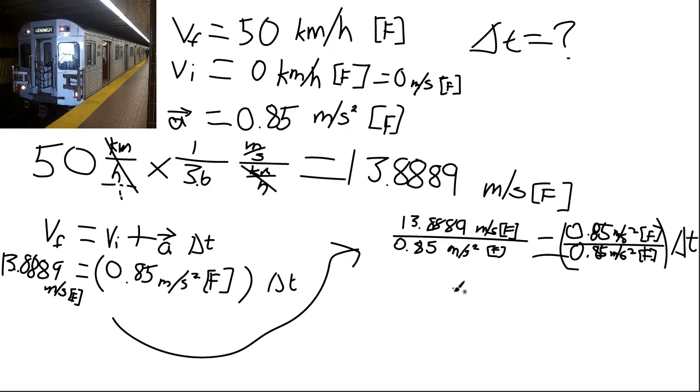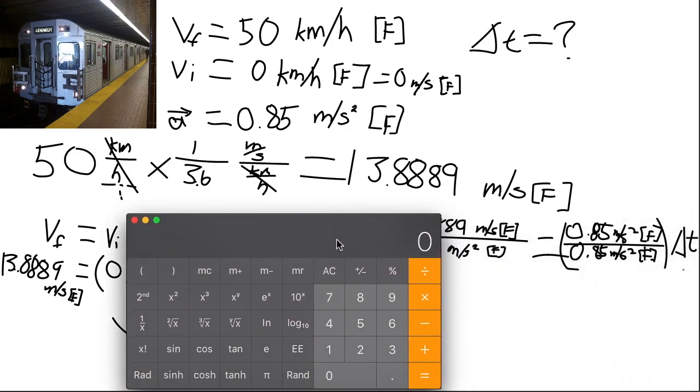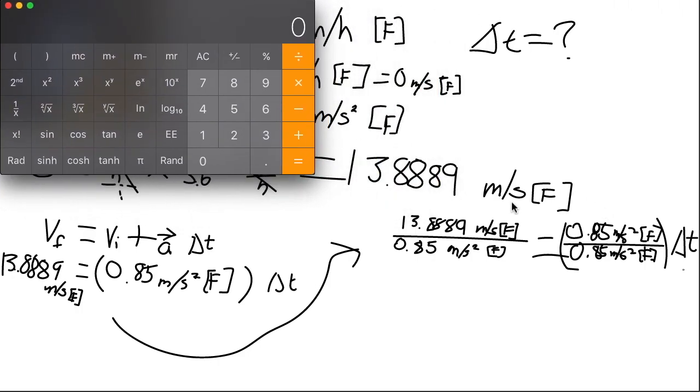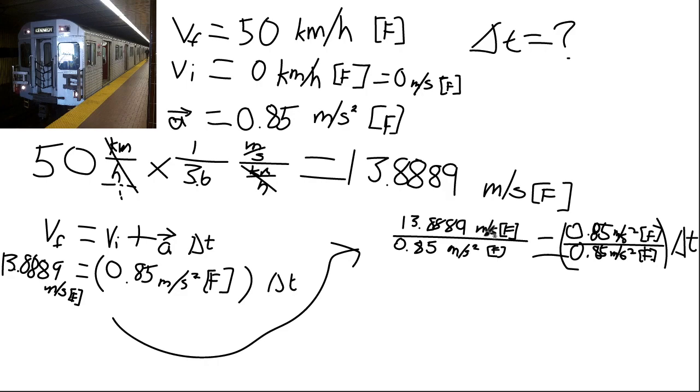Now we just take out our handy dandy calculator once again and punch it in. 13.8889 divided by 0.85 equals. There we go. The units cancel out.